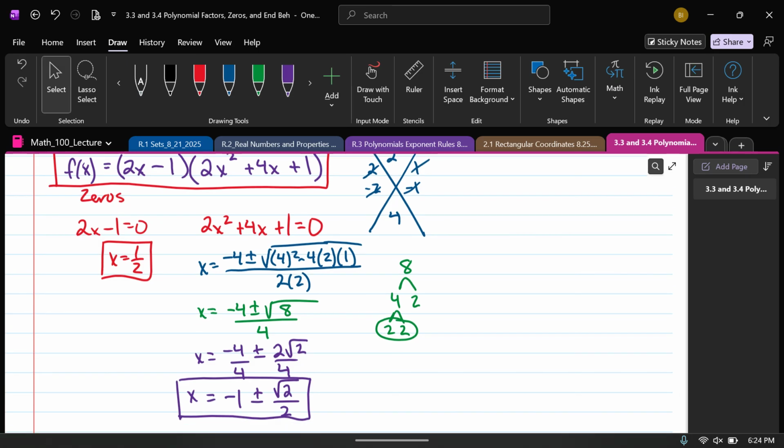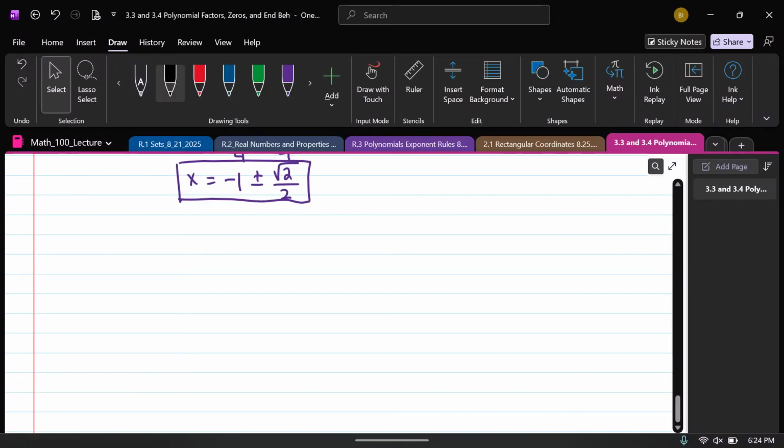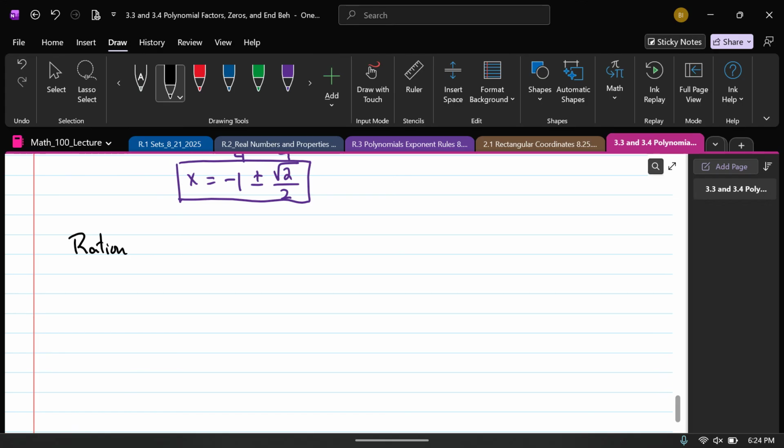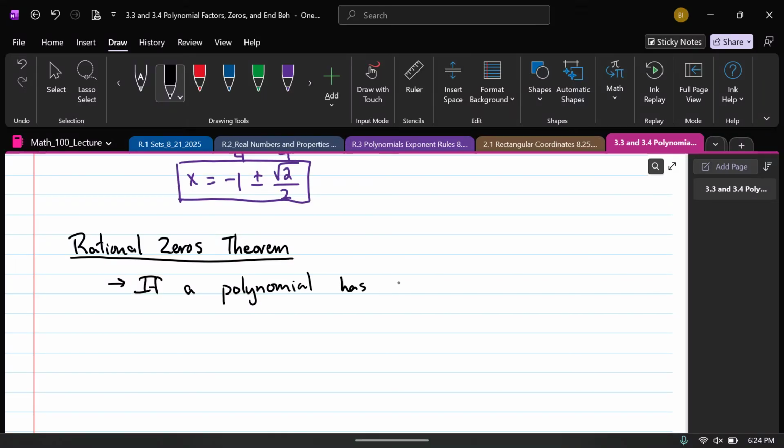And what is helpful to do this is what's called the rational zeros theorem. All right, so the rational zeros theorem, this is what it says. If a polynomial has rational zeros.